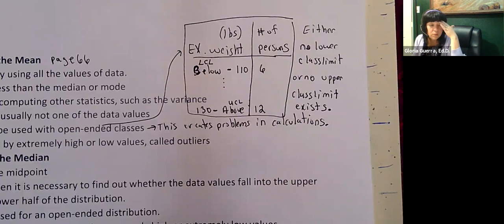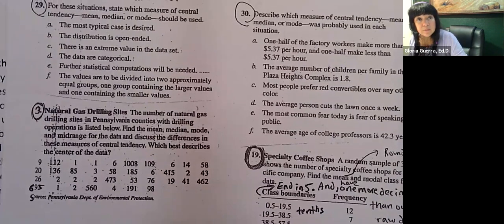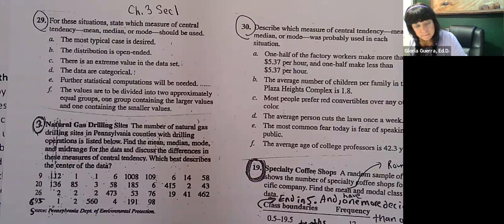Okay, I'm going to point out in this example page, if you printed this page out, which ones would be an example for the mean. So let's see, 29, A through F. The first one on 29 would be E. Look at E: further statistical computations will be needed.